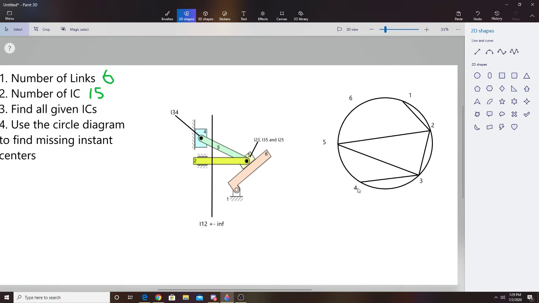Where is I45 at? Can we find I45 yet? How, with what we have? Is it a given? That's the question I want to know. Is it a given one that we can find, from the very beginning, without using any other triangles?